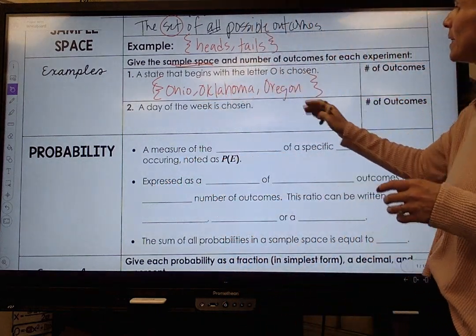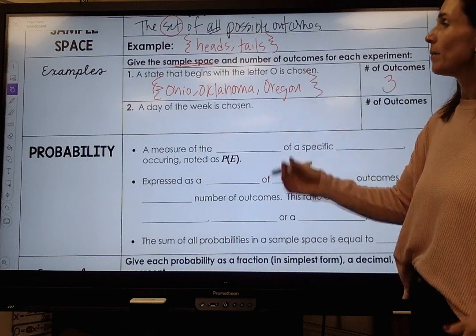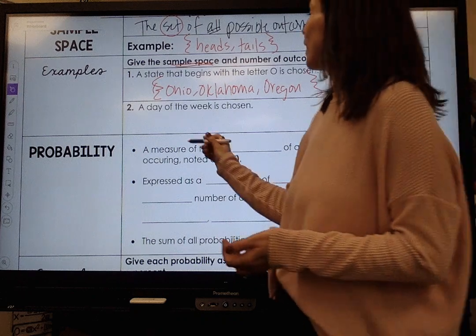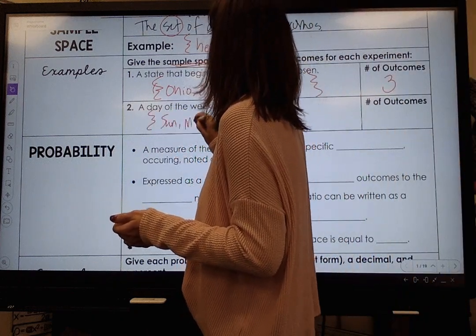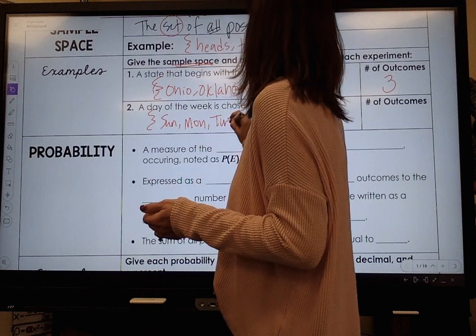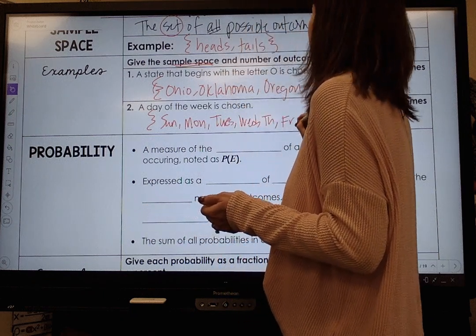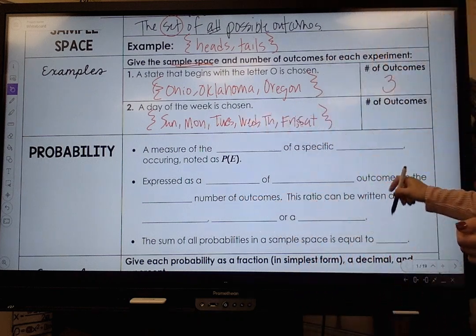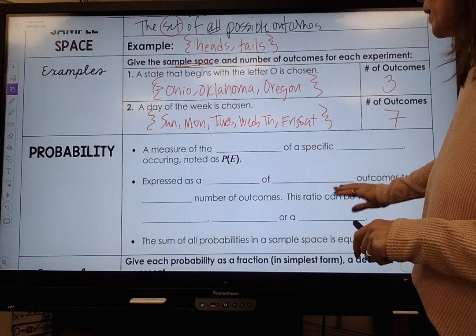Okay, those are my 3 states, and so the number of outcomes would be 3. I have 3 in my sample space. So a day of the week is chosen. What do I have to choose from? Well, I have Sunday, Monday, Tuesday, Wednesday, Thursday, Friday, and Saturday. So in this sample space, I have a total number of 7 outcomes, okay?